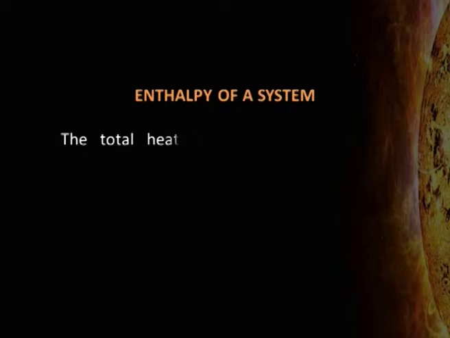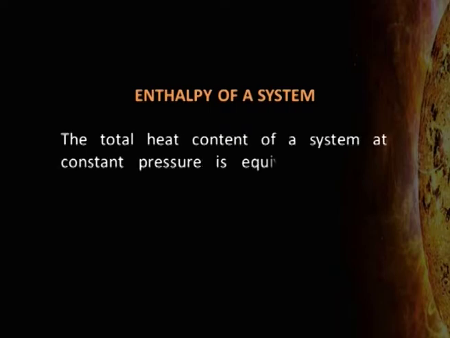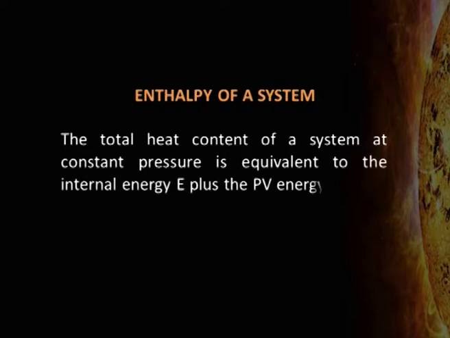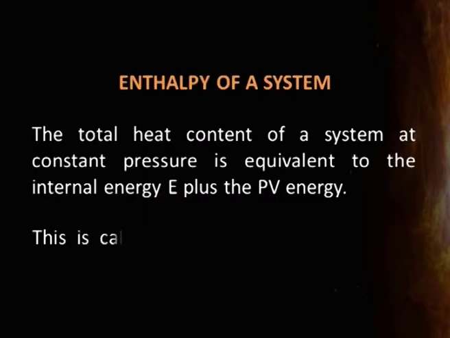Hence, the heat content of the system at constant pressure is equal to the internal energy change of the system plus pressure volume energy, that is work of expansion or work of contraction. This heat at constant pressure is termed as enthalpy.